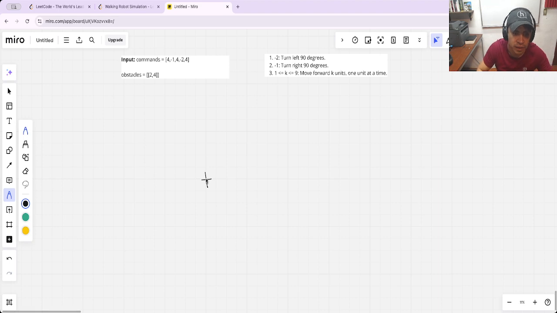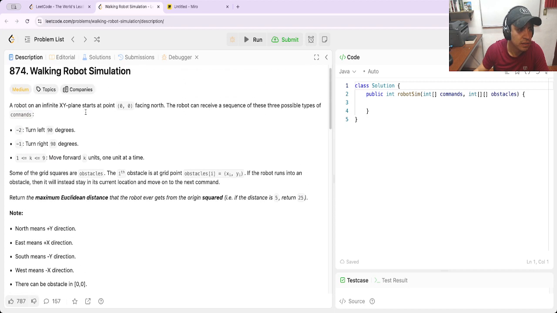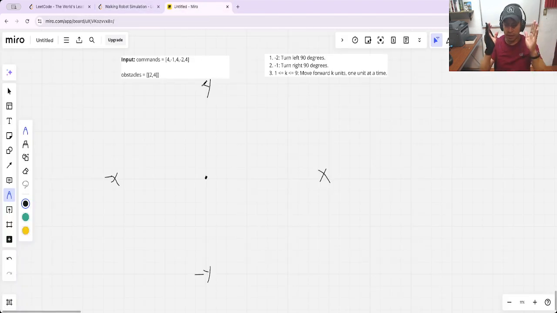This is 0, 0. This is y, and this is x. Basically we start here, and it is mentioned that the first position is in the center, but looking to the north, in this direction.